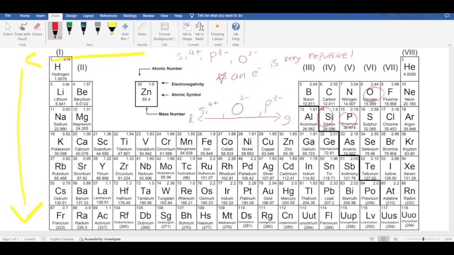Remember, the negatives repel. So even though oxygen is up here and its trend is onto the top right, and you're probably thinking that it should be smaller, it's not the case. Because it is an anion, it gained an electron. Every time you gain an electron, that vastly outweighs how small this cation is.